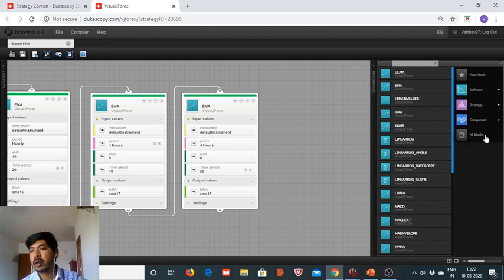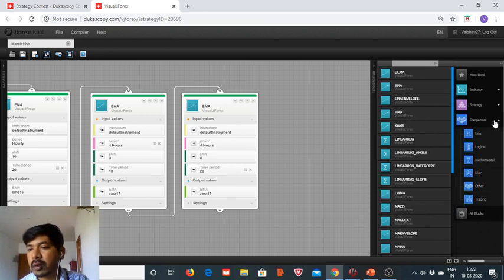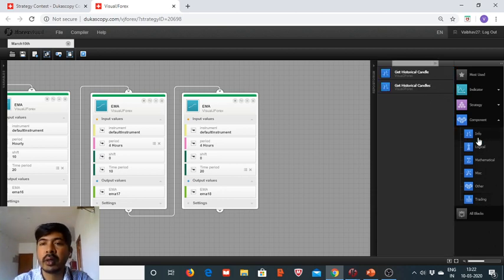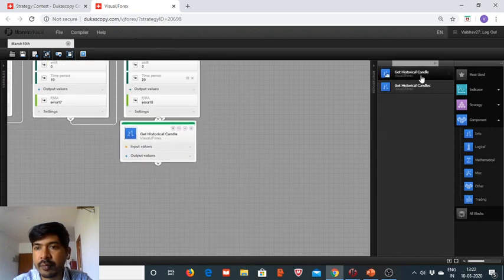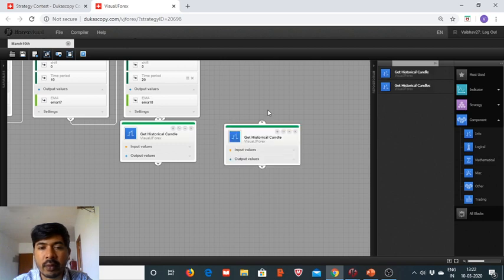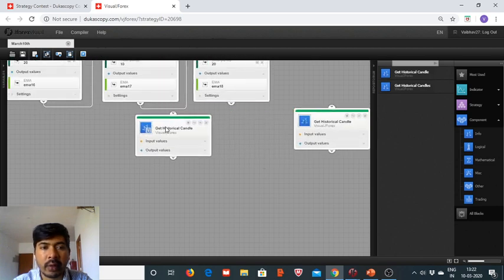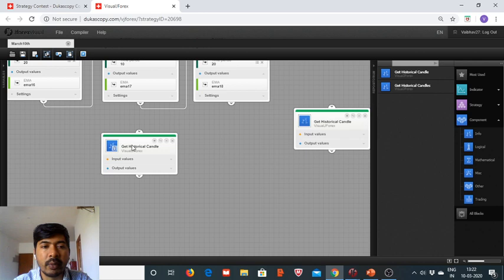We will need the components, info, and here we will need to take two historical candles, and then we will try to see the build structure.